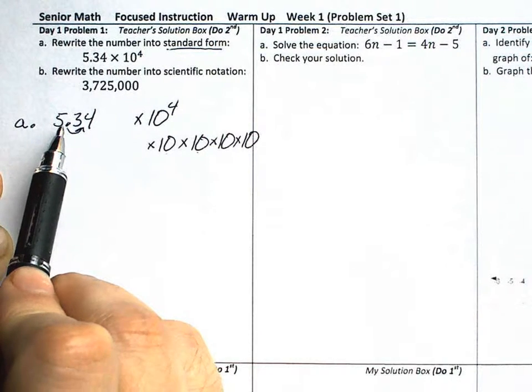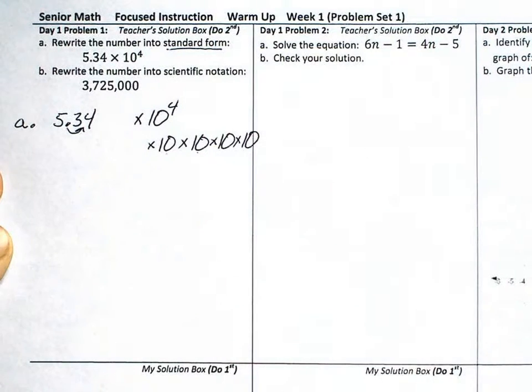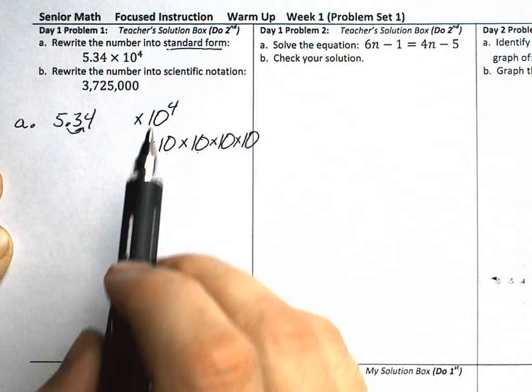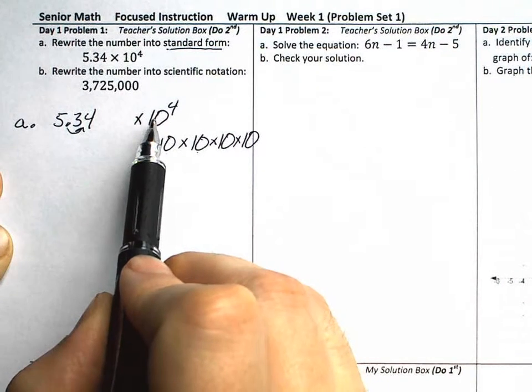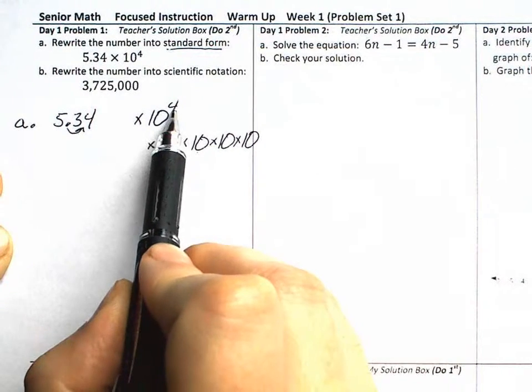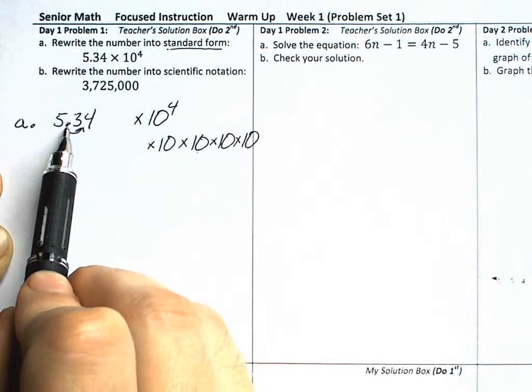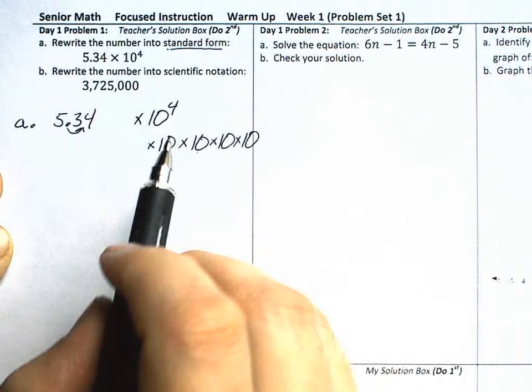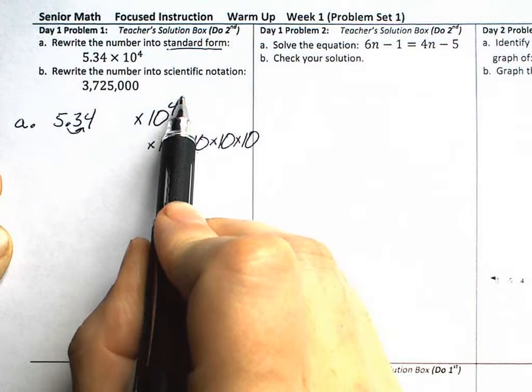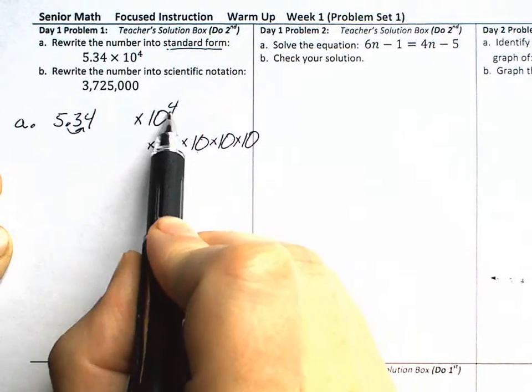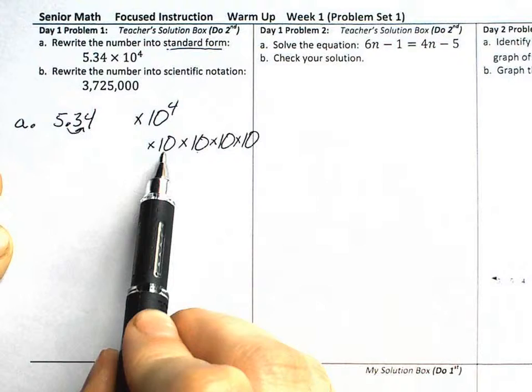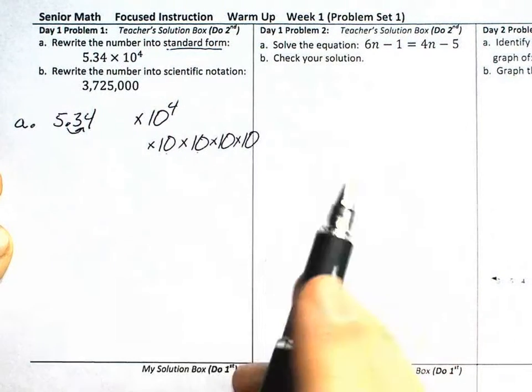So if our scientific notation number is times 10 to the fourth power, we're not going to move the decimal point only one spot to the right, but instead 4 spots to the right, one time for each of these times 10s.